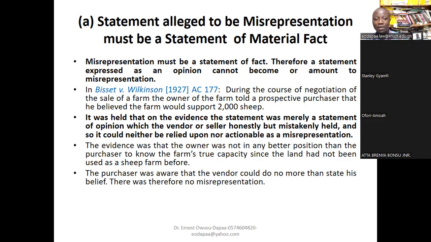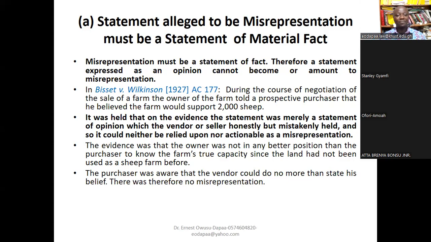That is the general rule. And for that matter, if we look at the case of Bisset and Wilkinson, a farm had never been used for raising sheep. When the owner of the farm was selling it, he made the statement that it could support the raising of 2,000 sheep. Now, the purchaser later on discovered that that was not true about that farm.